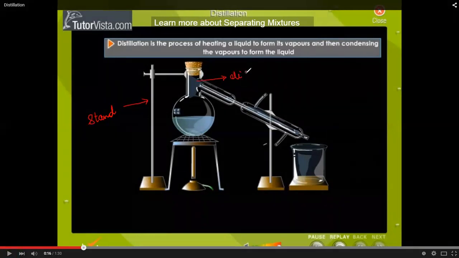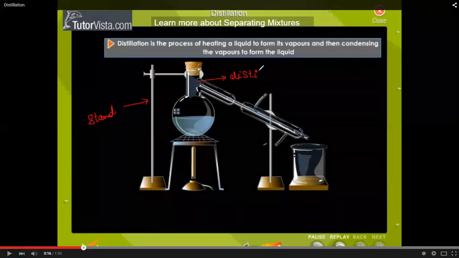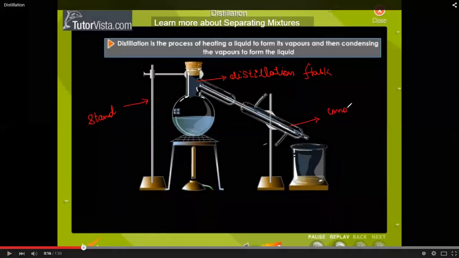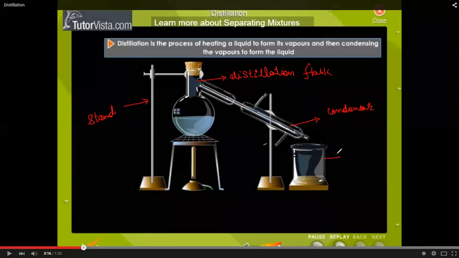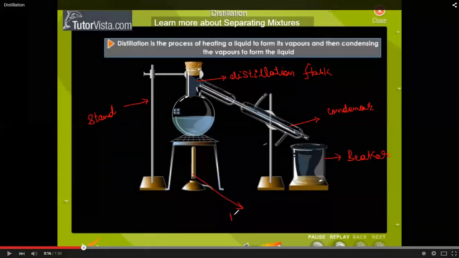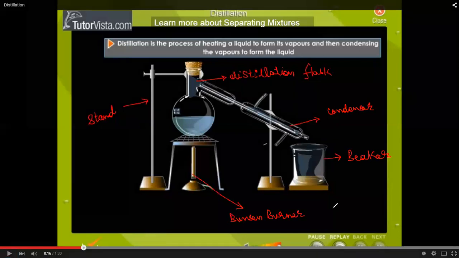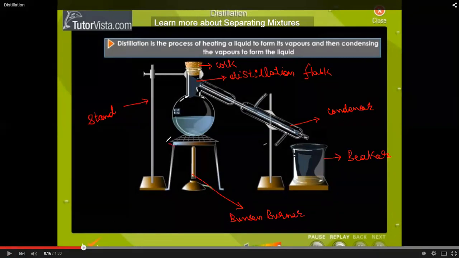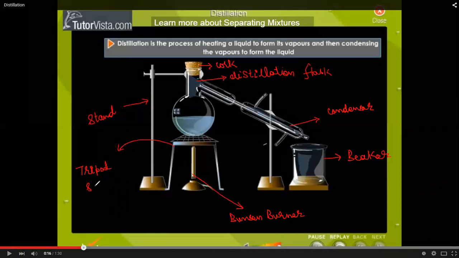Round bottom flask, tripod stand, cork. Yeah, just make a note of this.